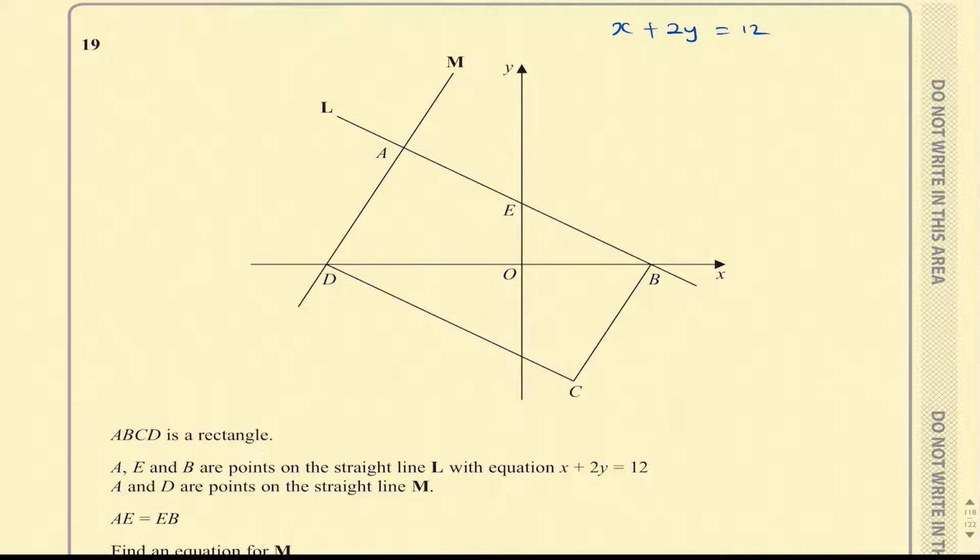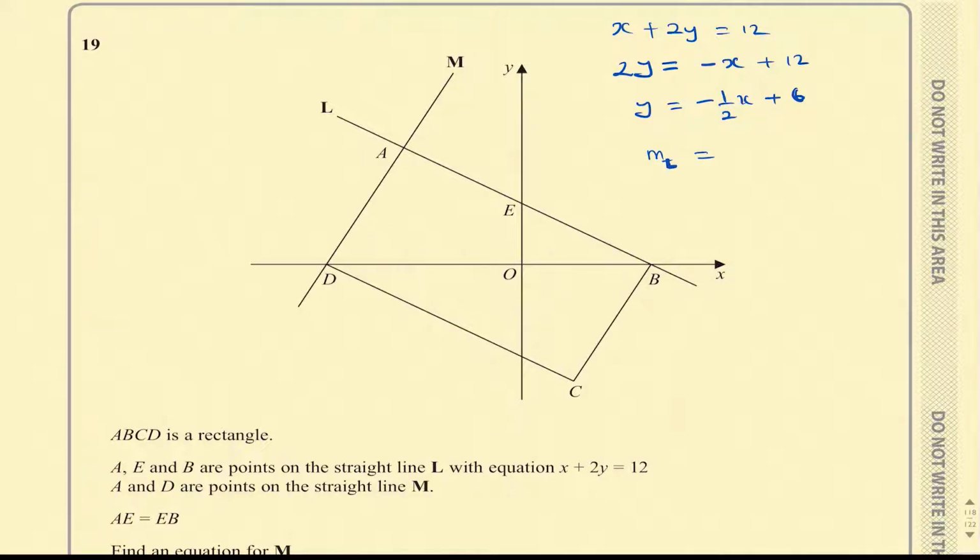Well, if you write the equation of L again, I'm making y the subject. So 2y equals minus x plus 12. Divide both sides by 2. Y equals minus a half x plus 6. So now we need to find the gradient of line M. Let's call the gradient of line L, ML.